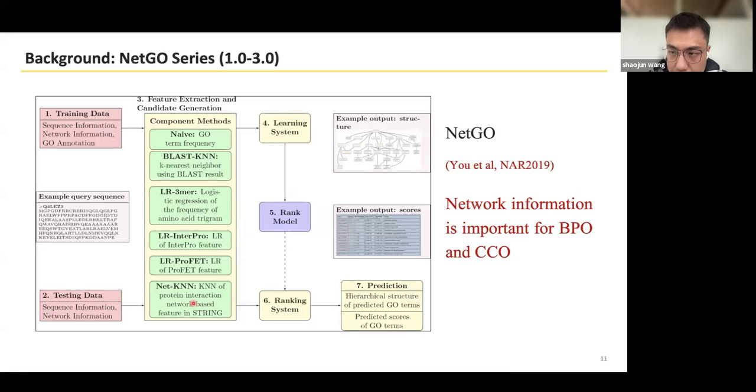NetGO collects label information from the network to achieve protein function prediction. Experimental results have shown that the NetGO method is very helpful for improving the prediction of the biological process and cellular component ontologies.